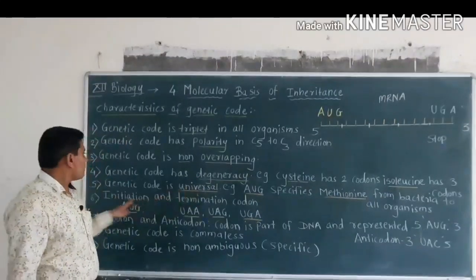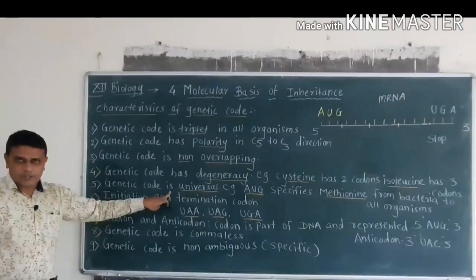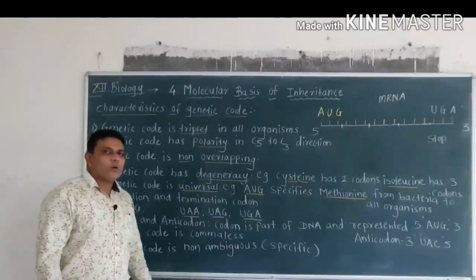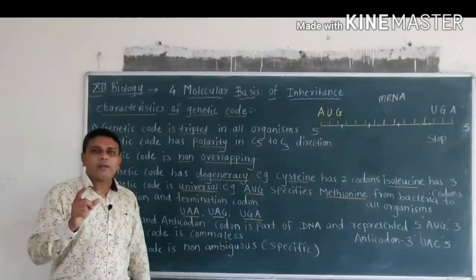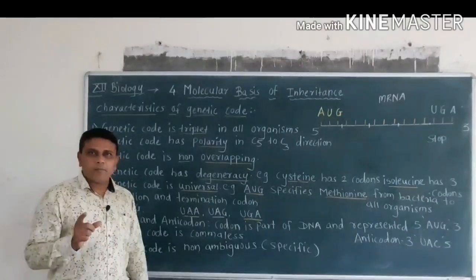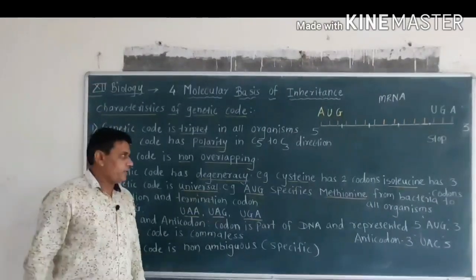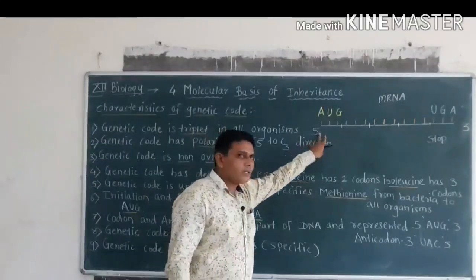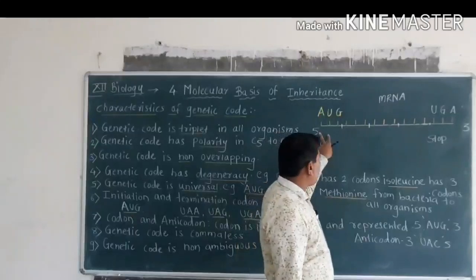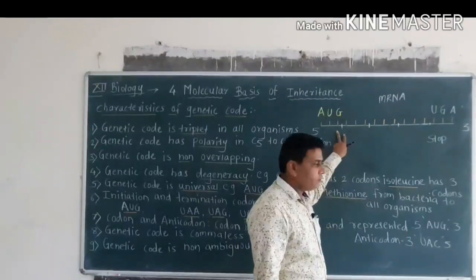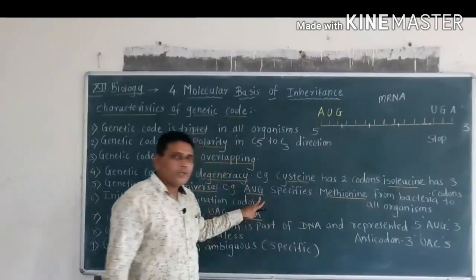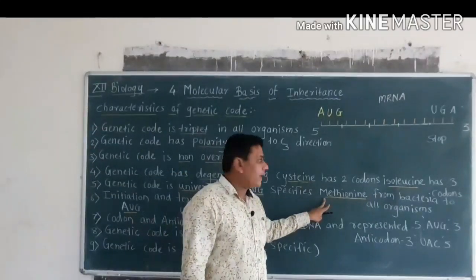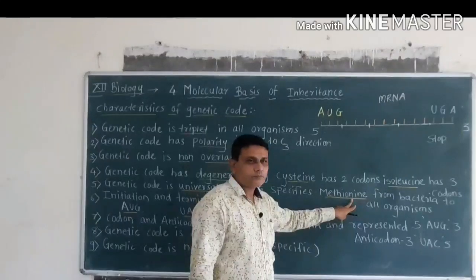Then genetic code is universal. That means the genetic codes are applicable and they are same in all living organism. For example, AUG. Here we can see at the C5 end the genetic code AUG is present, and AUG specifies or codes for amino acid called as methionine.